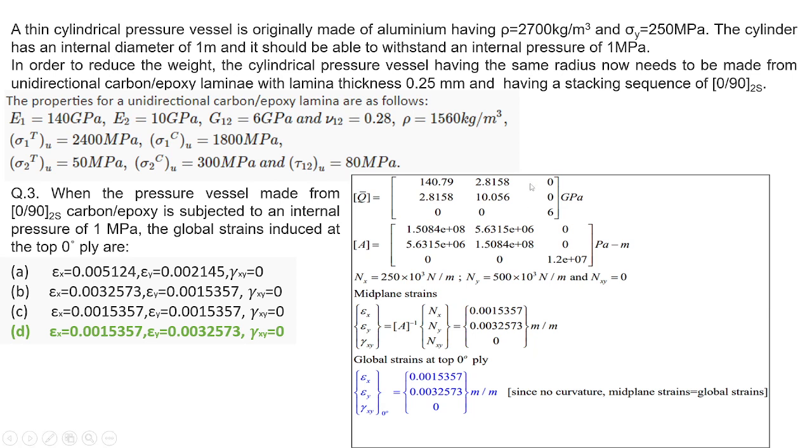So in the previous question we got the stresses, and these are loads. Therefore they will be multiplied with the thickness and then we will get the value of the load, that is Nx and Ny, and Nxy is equal to 0.